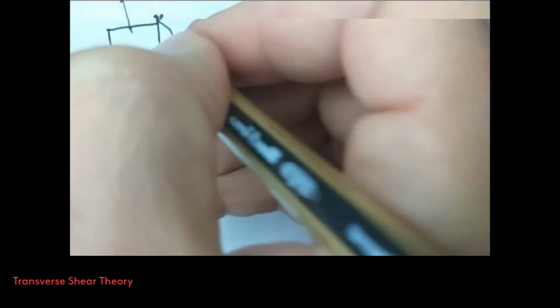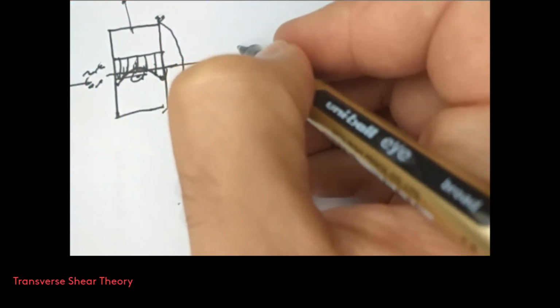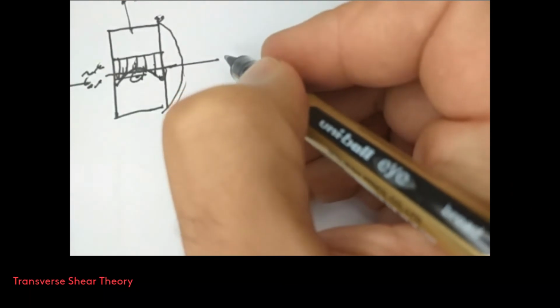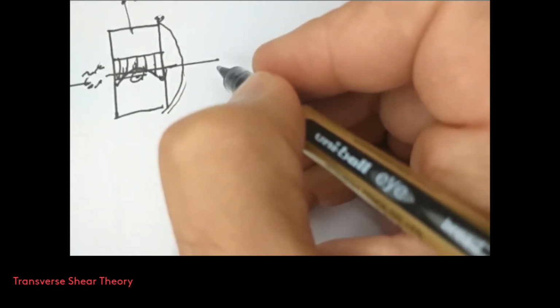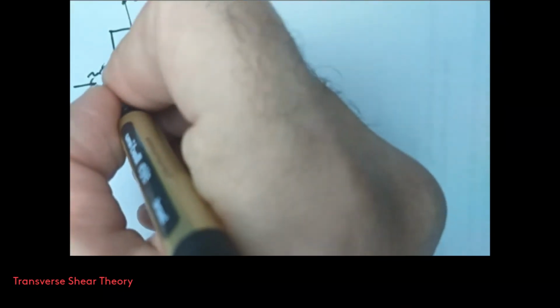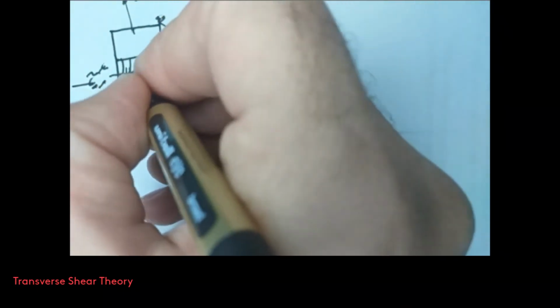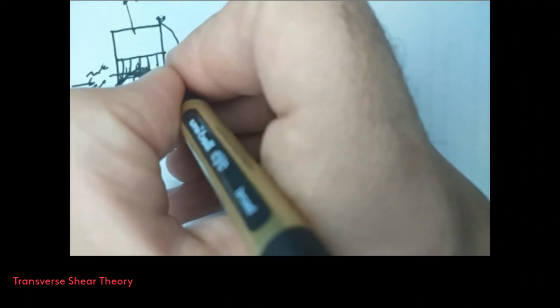So basically, if you have a thinner one, this is the error that you make. In fact, this region is the error that you make in calculating the shear stress.